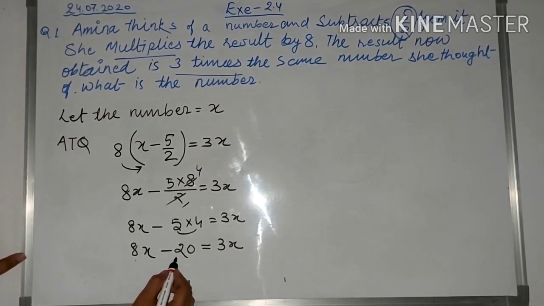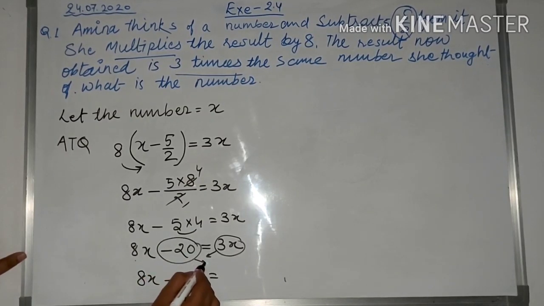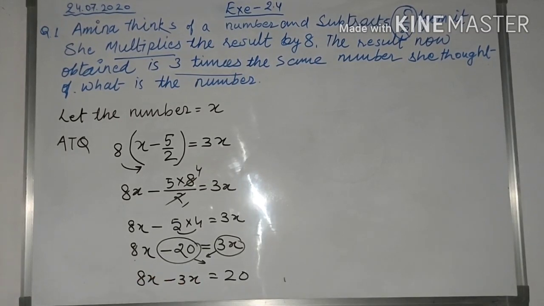Now 3x transfers from the right-hand side to the left-hand side as minus 3x, and minus 20 transfers from left to right as plus 20. Positive becomes negative and negative becomes positive.